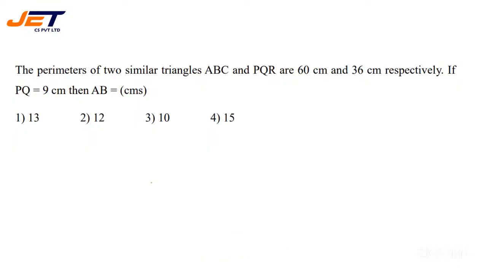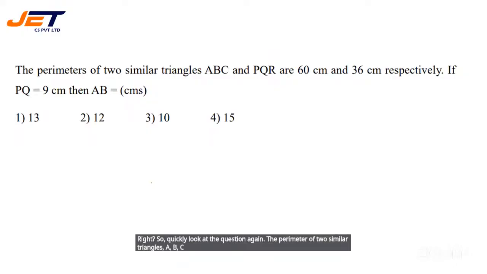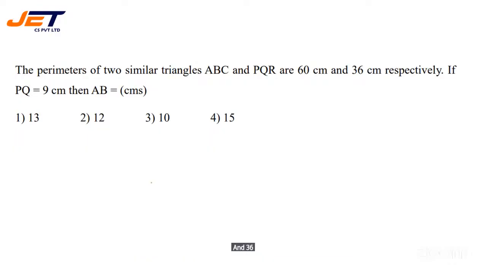The perimeters of two similar triangles ABC and PQR are 60 centimeter and 36 centimeter respectively. If PQ is 9 centimeter, then what is AB? Right, so quickly look at the question again. The perimeter of two similar triangles ABC and PQR are 60 centimeter and 36 centimeter respectively.